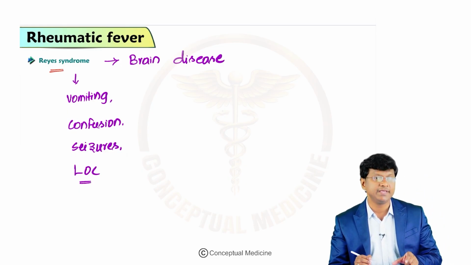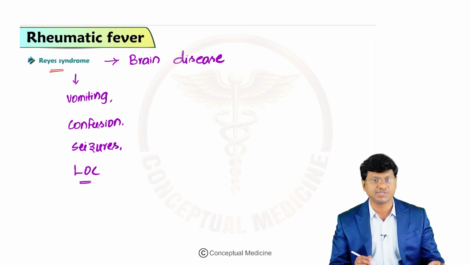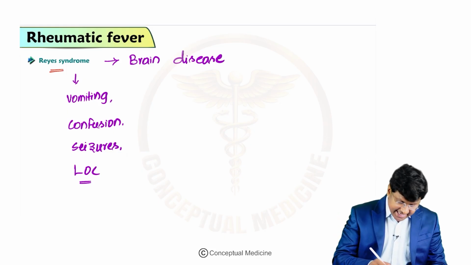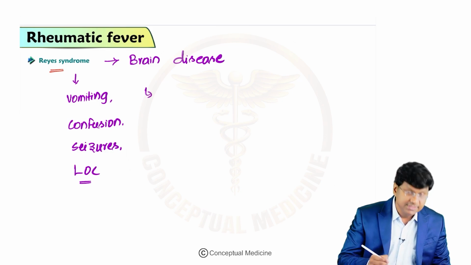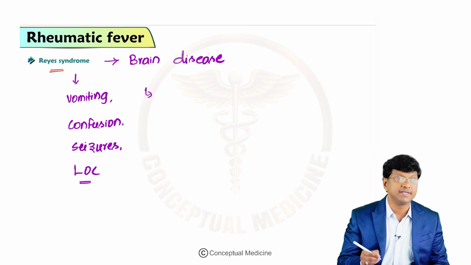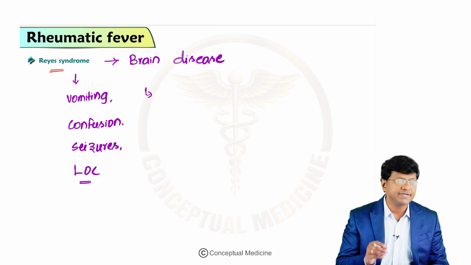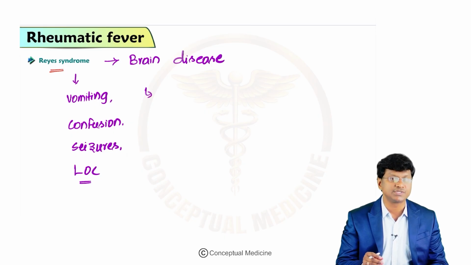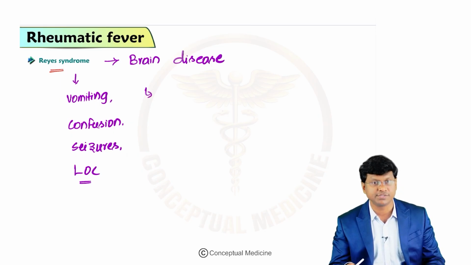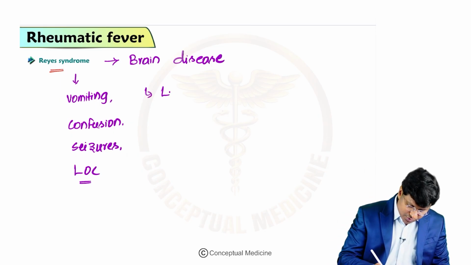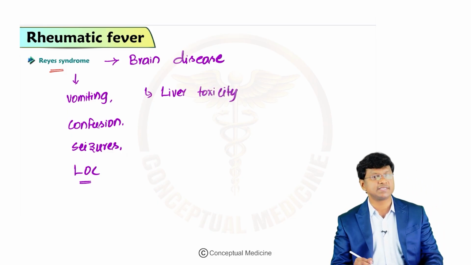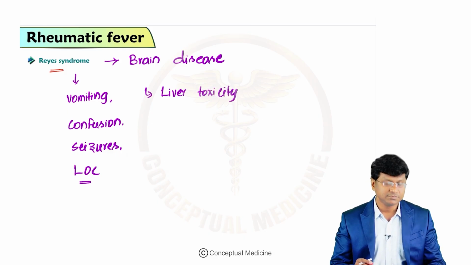So these will be the symptoms of Reye's syndrome. And apart from the brain disease, there is also development of liver toxicity, which will progress where the individual may have jaundice. Okay, so there is also hepatotoxicity. So brain disease as well as liver toxicity, right?